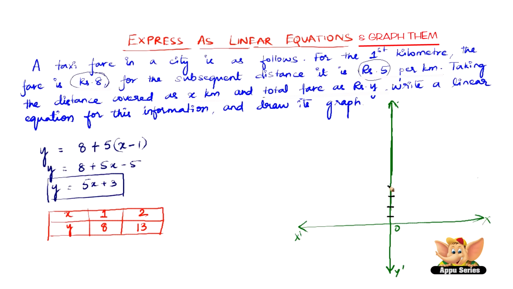Marking the y-axis, 1, 2, 3, 4, 5, 6, 7, 8, 9, 10, 11, 12, and 13 is going to be at the end. And these are the negative ones, minus 1, minus 2, minus 3, minus 4, minus 5. We really don't need these because we don't have any values in the negative. So we need the positive x-axis though, 1, 2, 3, 4, 5, 6, 7, 8, although we need just two x values.